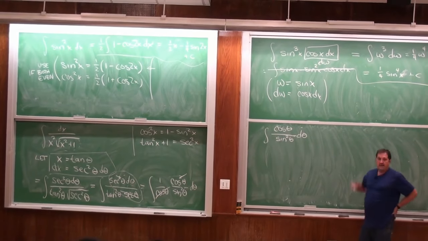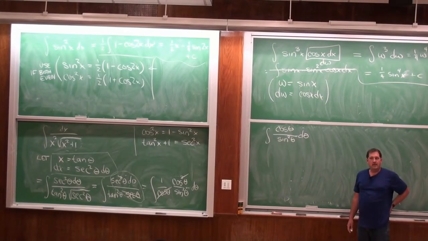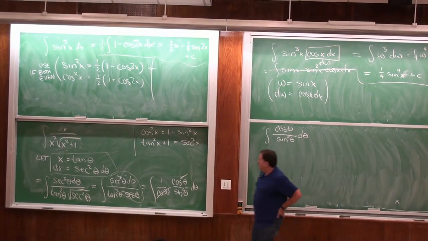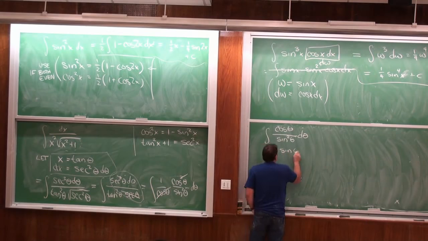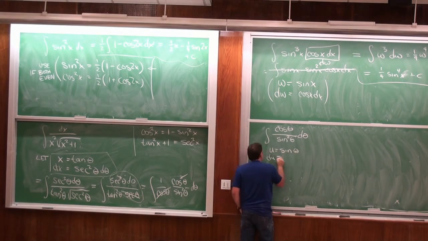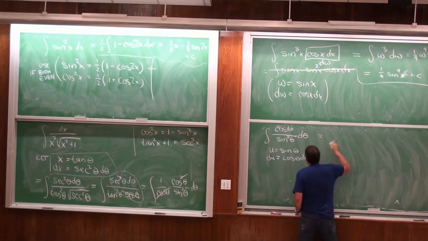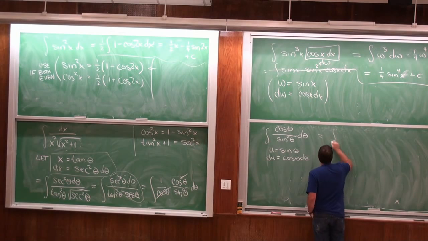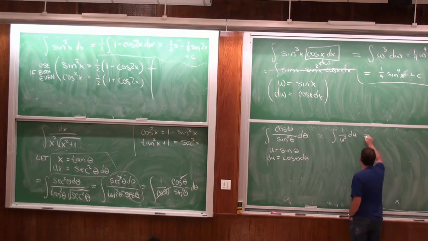And this is easy. What do I do? U equals sine. Well, I didn't use u yet. Okay. So this guy becomes just the integral of 1 over u squared du, which is negative 1 over u.